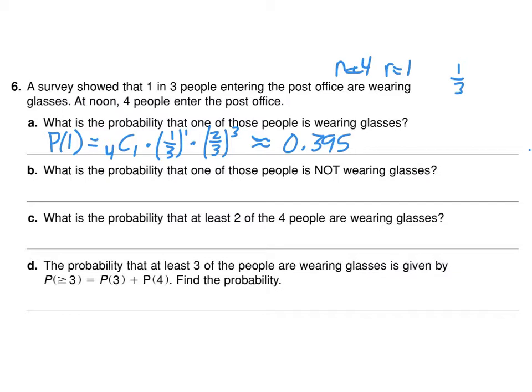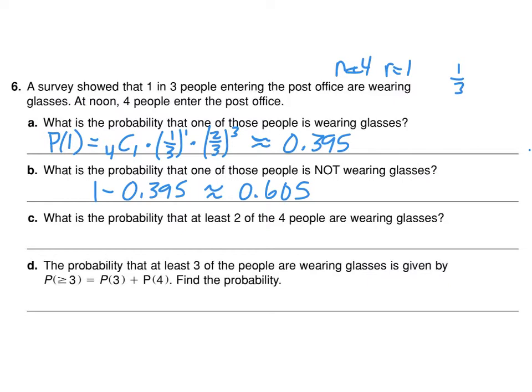To figure that out, you just subtract from 1. So 1 minus 0.395 is 0.605. If the probability that the person's wearing glasses is 0.4, the probability that they're not wearing glasses is 0.6.